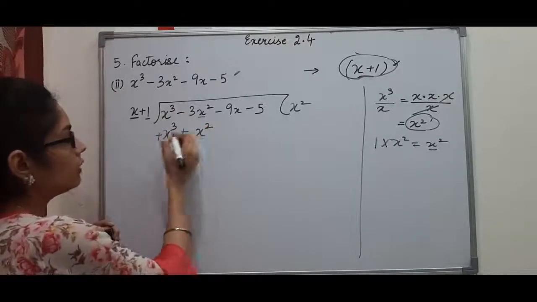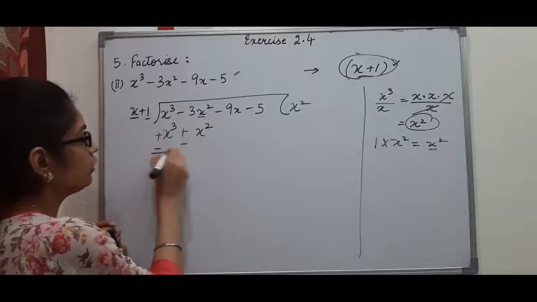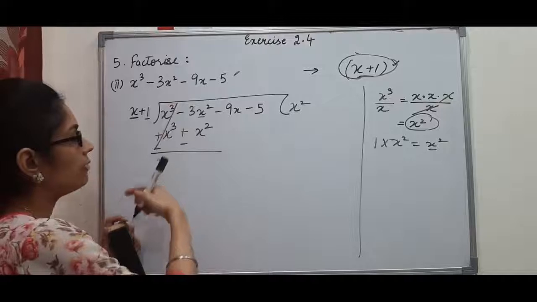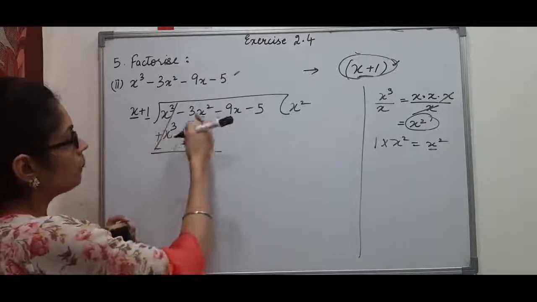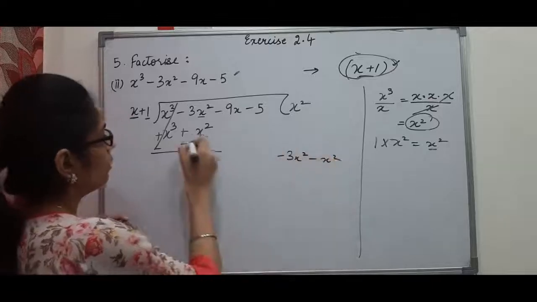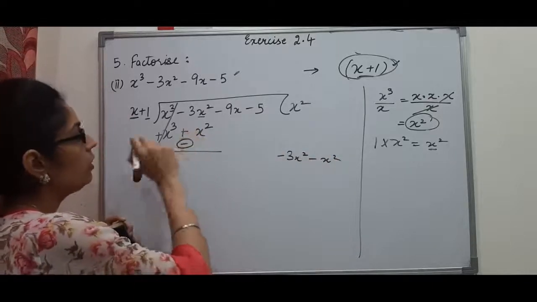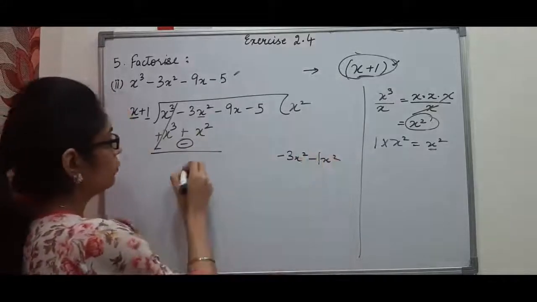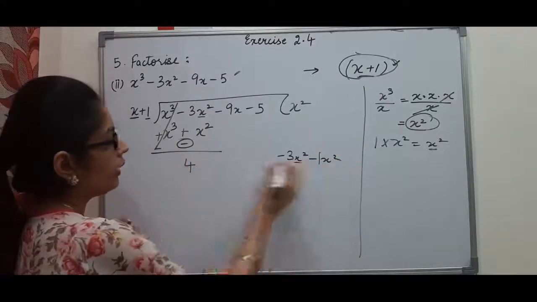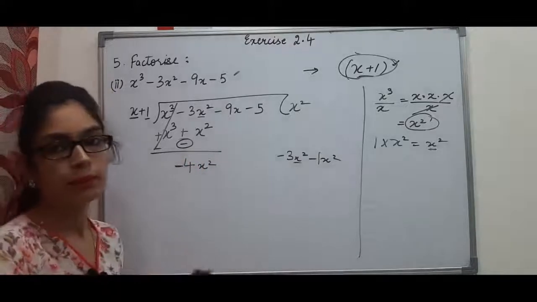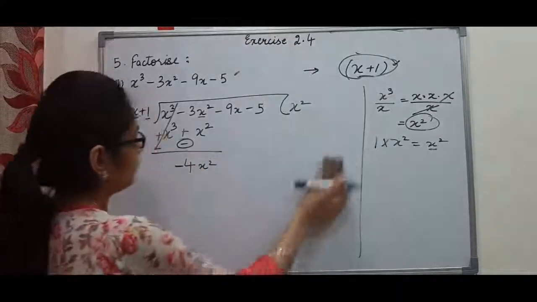Here both the signs are plus, so I'll change both the signs into minus. So two terms with opposite signs will get cancelled, and here I have minus 3x square and minus x square, because I have changed its sign to minus. So minus minus is plus, so 3 plus 1 is 4, and x square I have to write as it is, along with the minus sign.